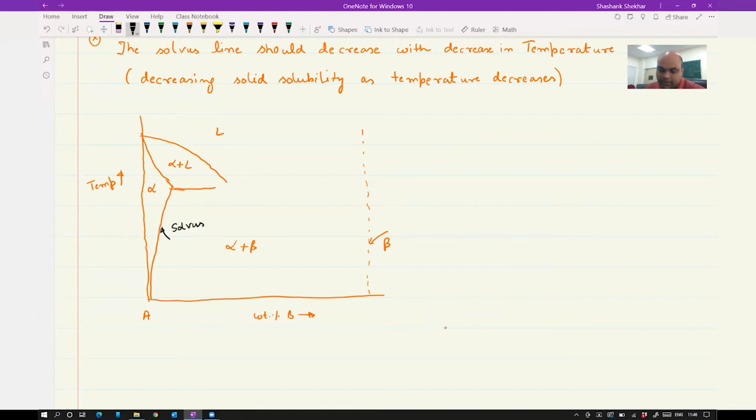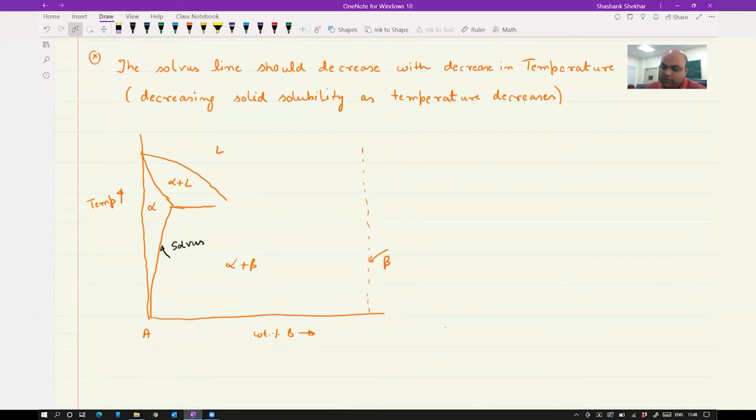And see what I wrote before. It says the solvus line should decrease with decrease in temperature. So this is the solvus line here, and you can see that this is decreasing with decrease in temperature. This also means that the solid solubility of B in A is decreasing as you decrease the temperature, and you can clearly see here.